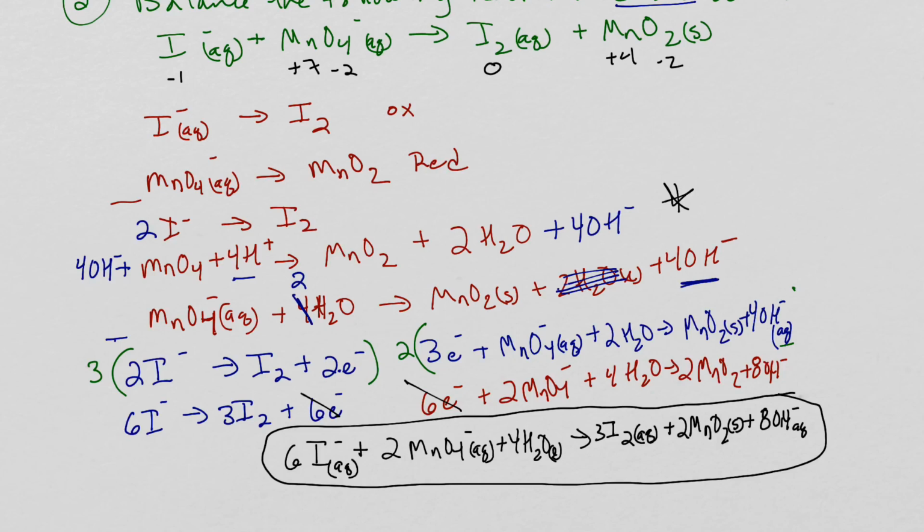So that one additional step is needed when we balance in basic as opposed to acidic. Okay, if you want more examples, look at some of the ones in the book for both acidic and basic medium, practice problems, etc. Homework will give you some extra practice in balancing these redox equations.